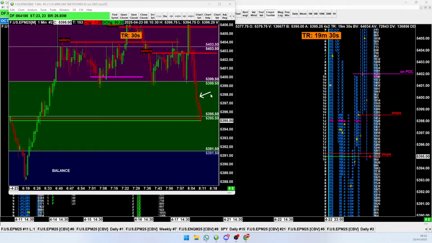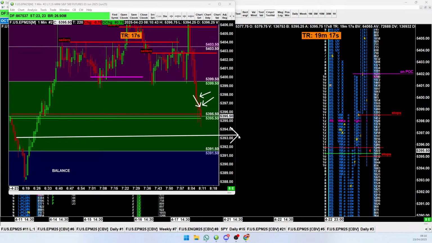So then the seller engages here. They move lower. Why? Because they're competing. So now you look at this area right here, just above 93, and see if the market can come down and hit you.